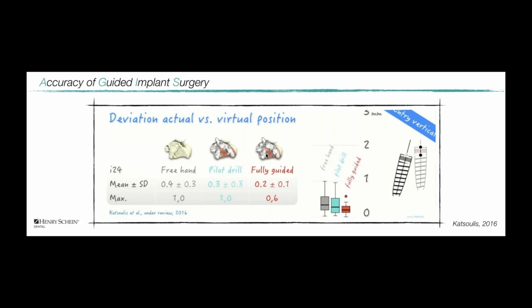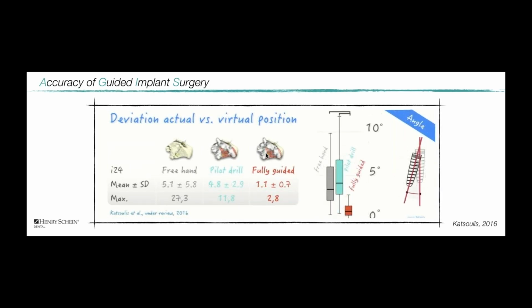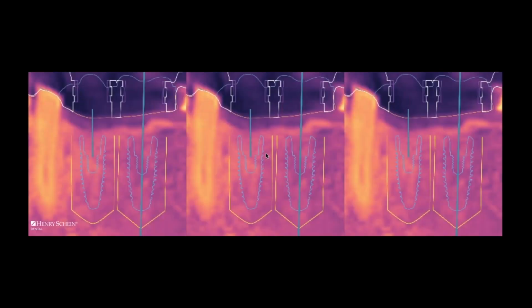As a matter of fact, even if you do a pilot drill guide, you get statistically better results than if you just freehand it. So taking the information from CBCT and using it through software is the key to implant success, both in bodily position and in angulation. And that allows us to do some really good things.